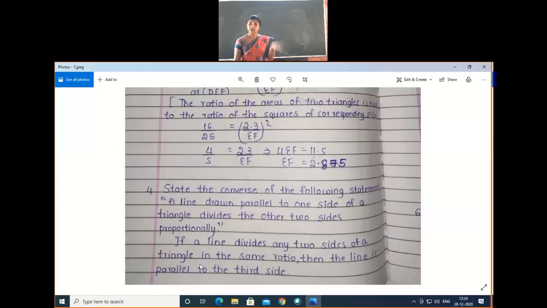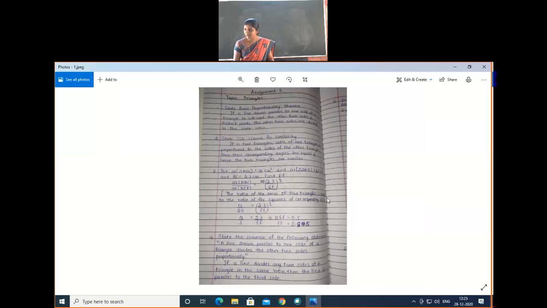So the converse is: you cannot say at the beginning that it is a parallel line. If a line divides two sides of a triangle in the same ratio, then the line must be parallel to the third side. Got the idea of this one now? This is the statement of BPT, right? Now let us move on to the next question.